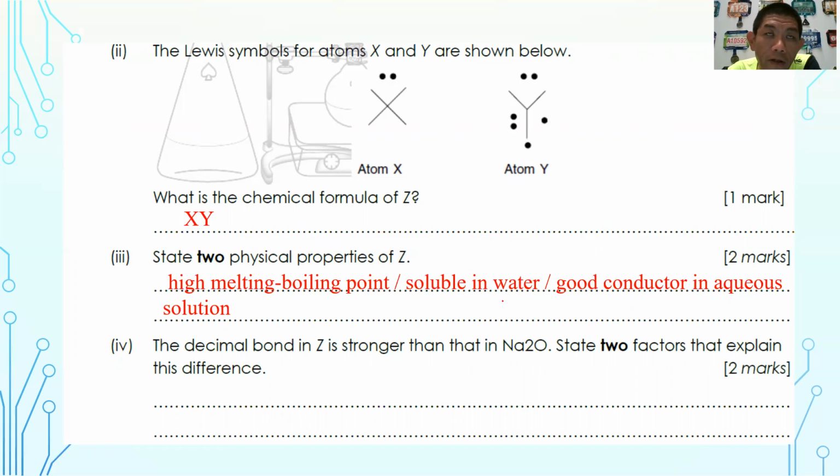Why is it possible in both? Because in molten and aqueous states, they have free moving ions, so that is how they can conduct electricity.